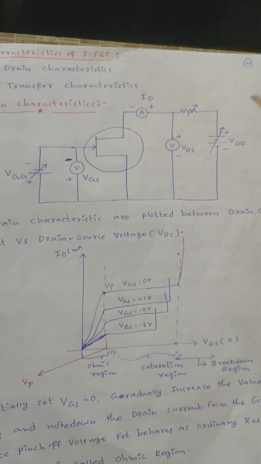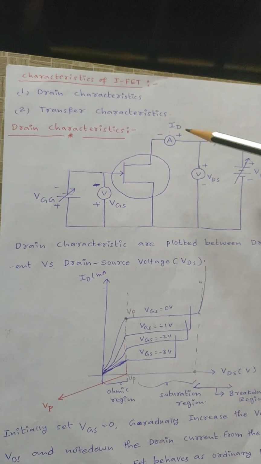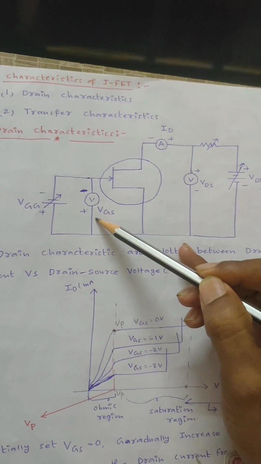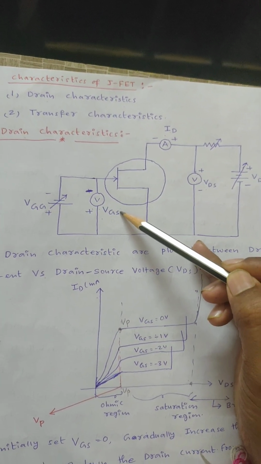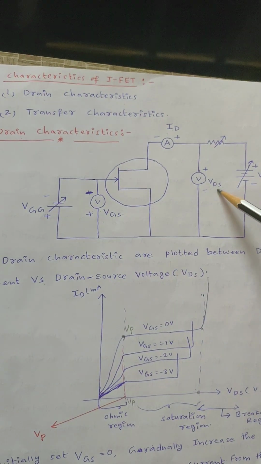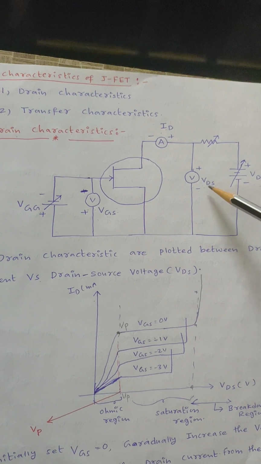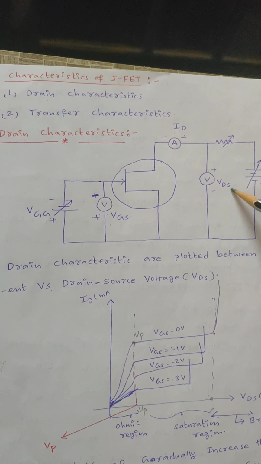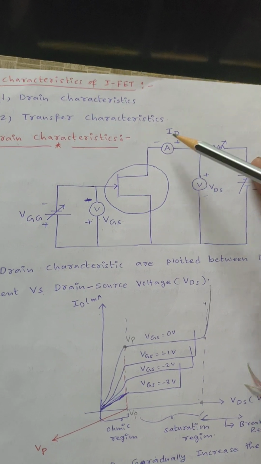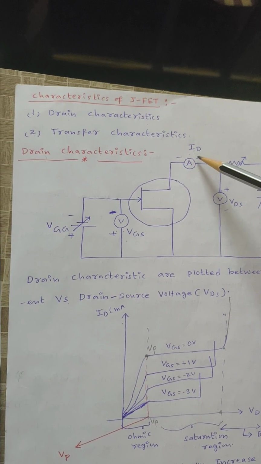Just remember, drain characteristics are drawn between VDS versus ID by maintaining the VGS value as constant. Initially set VGS equal to 0, increase the VDS value and note down the ID value. Up to the pinch off voltage, the current increases linearly; that region is known as the ohmic region.